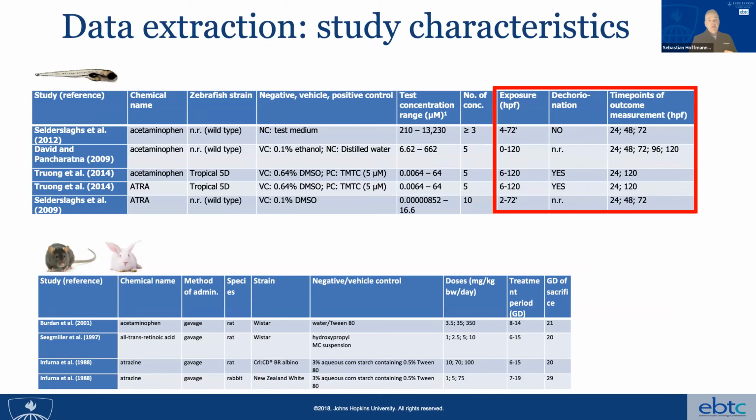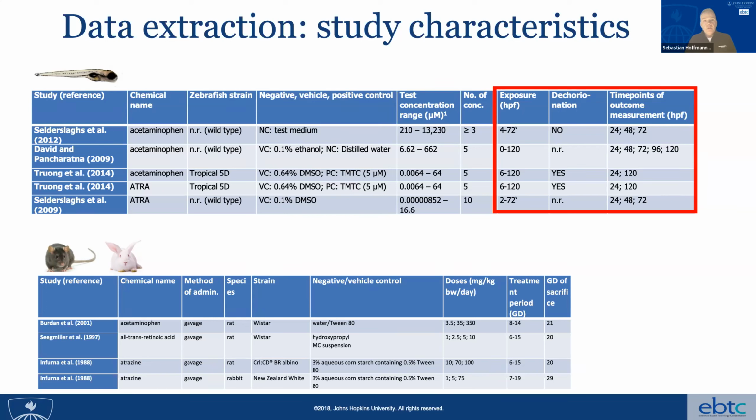Taking you now to the data extraction. First, the study characteristics. On the top, you see the zebrafish, and this table is just the first 5 lines of a rather lengthy table, but it serves to show the heterogeneity between the studies. Again, in the red rectangle, you see that exposure onset and termination differed considerably between studies.